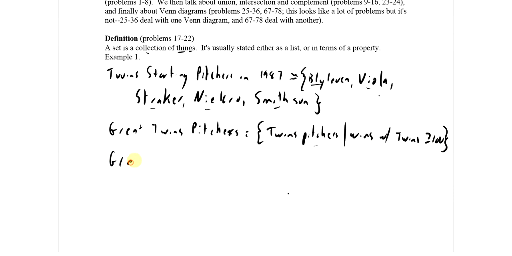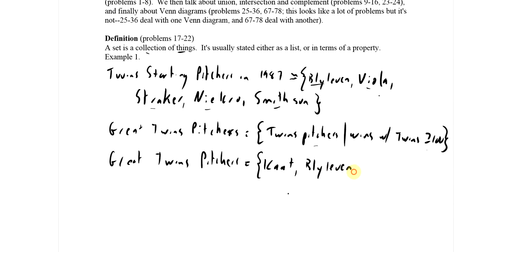So sets can often be given as a property, like that, or as a list. There's only a couple of pitchers who've won 100 games with the Twins.